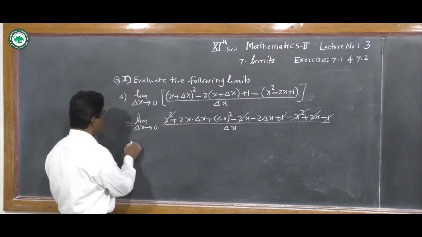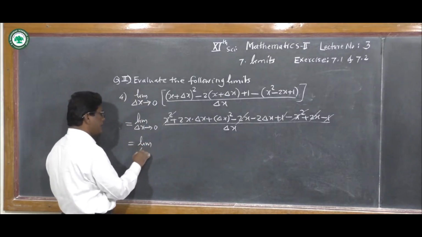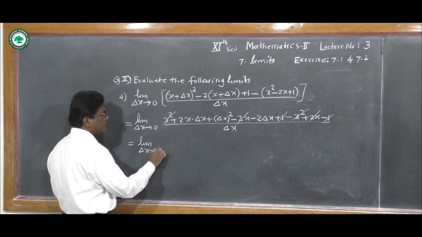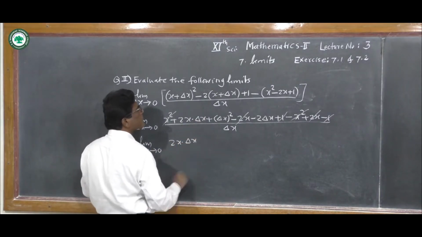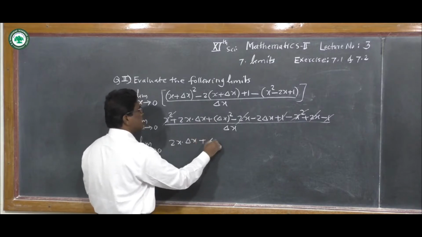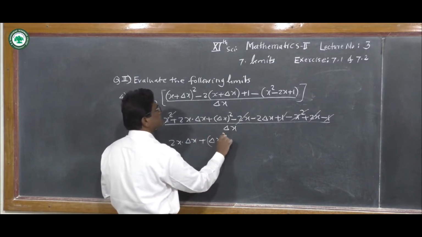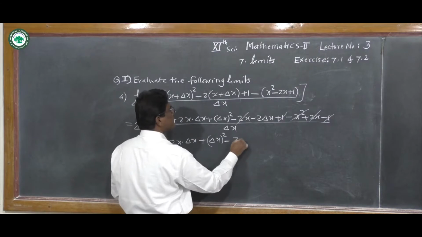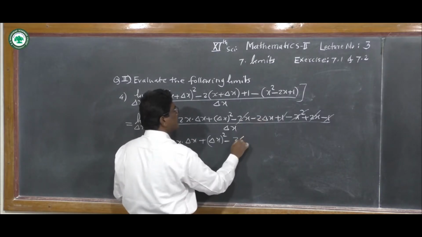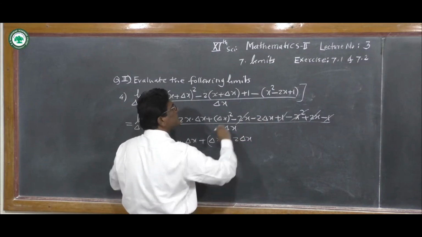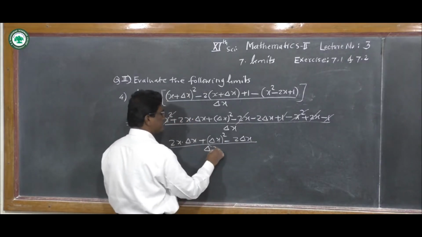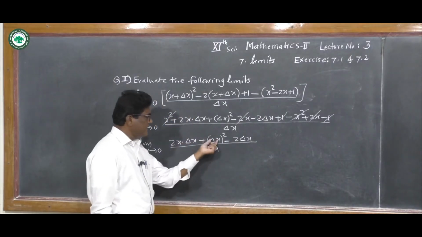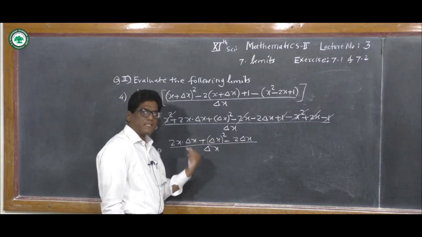So we get limit delta x tends to 0 of 2x into delta x, plus delta x square, and minus 2 times delta x. These terms remain in the numerator, divided by delta x. Take delta x common.